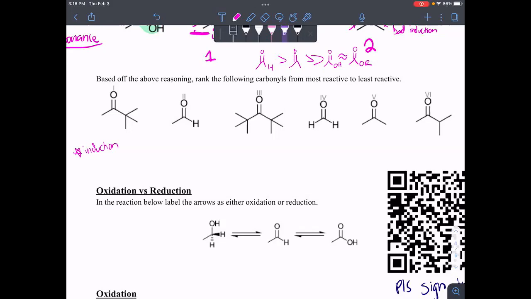Which has the least amount of atoms that can donate electron density? One, two, yes, this one. And if you're dealing with all hydrocarbons, you can basically just think which has the least steric hindrance, because it's going to be proportional. The more steric hindrance, the more induction you have.